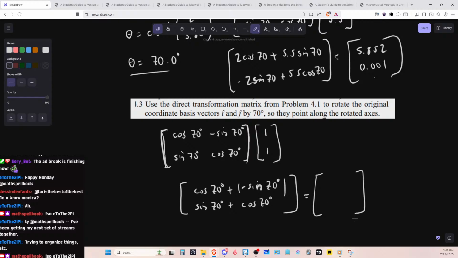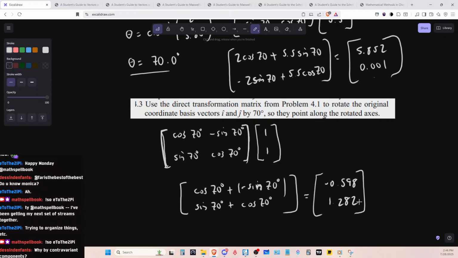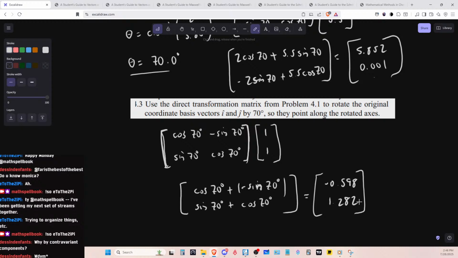Honestly, I don't want to write their decimal representation, so again, we make sure.